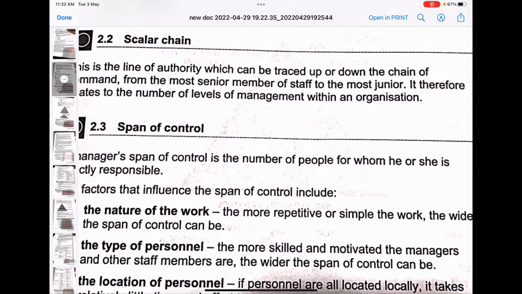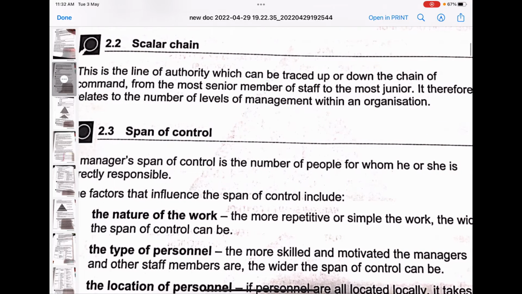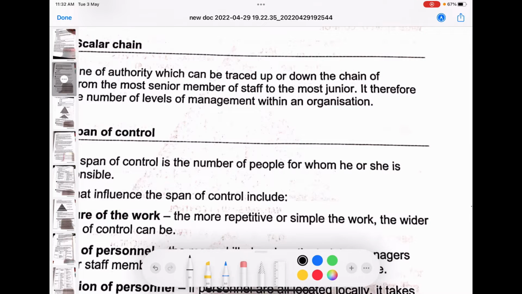Moving on, we have scalar chain. What is scalar chain? This is a line of authority which can be traced up or down the chain of command from the most senior member of the staff to the most junior. Okay, so I'll explain it in an easier way. For example, you are the students, I am the teacher, this is the organization, right?